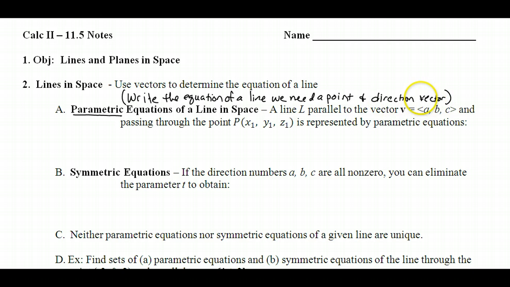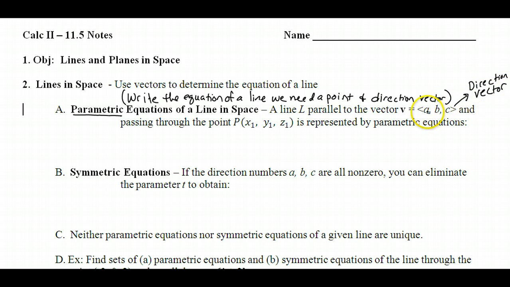Your direction vector takes the place of the slope. So for our parametric equations, we have a line L parallel to this direction vector. I've got a lot of side notes here, but this is considered to be our direction vector.